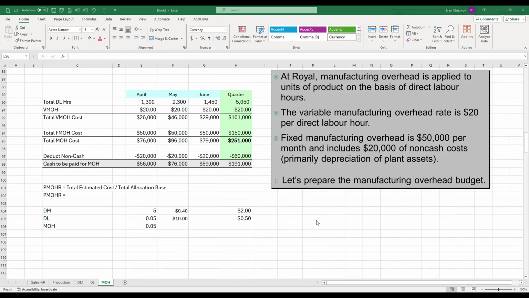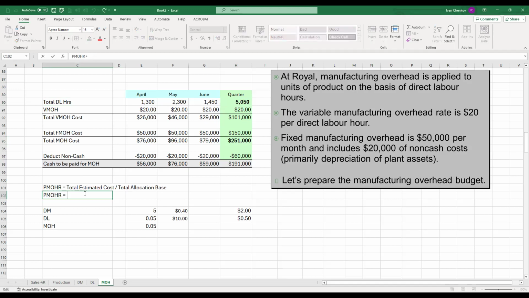Are you guys there? Yeah, you just bolded 251,000. 251,000. And what's our total allocation base usage? It's the direct labor hours, 5,050.